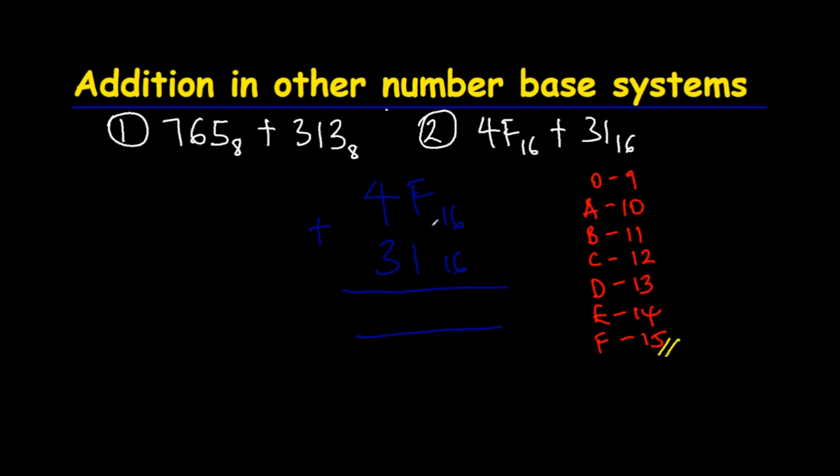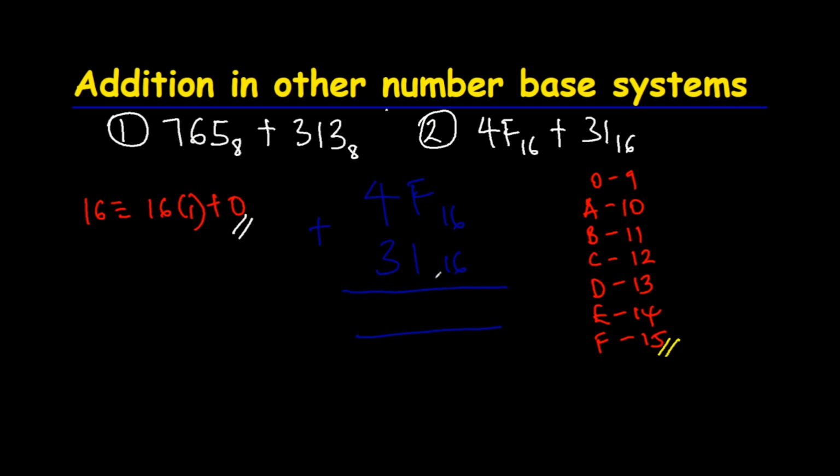So F, that is 15. 15 plus 1 is equal to 16. And as we cannot write 16, we have to express our number 16 in terms of the base 16. So we have that 16 is equivalent to the base 16 times 1 plus 0. And don't forget, we'll write down the number that is not in the bracket, and then we carry over the number that is inside the bracket.